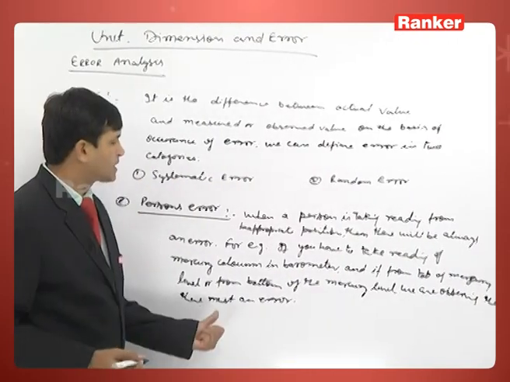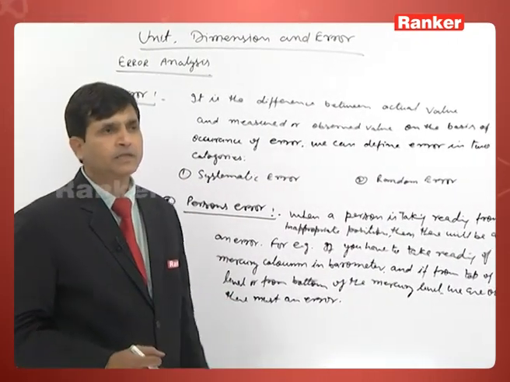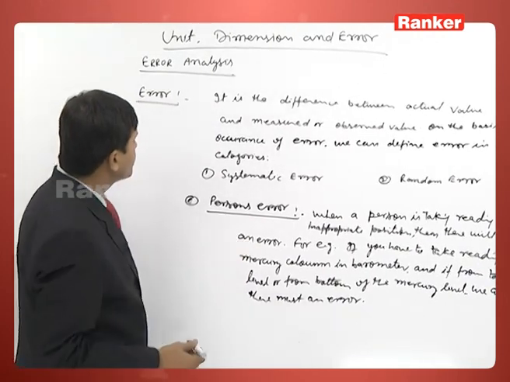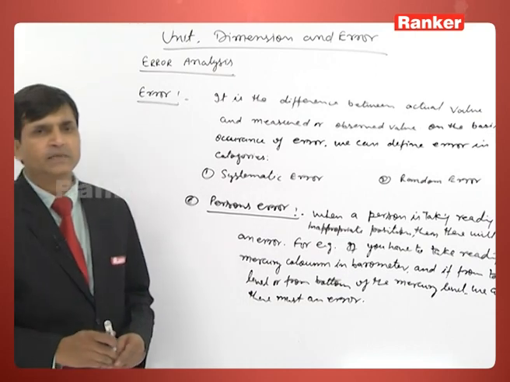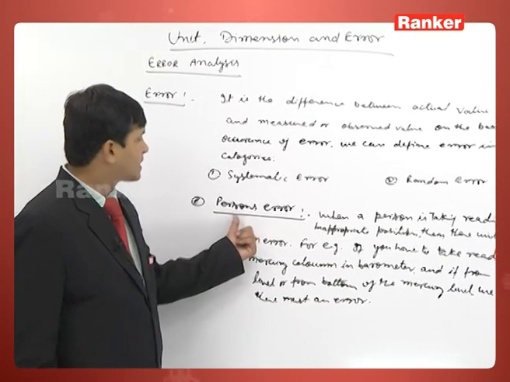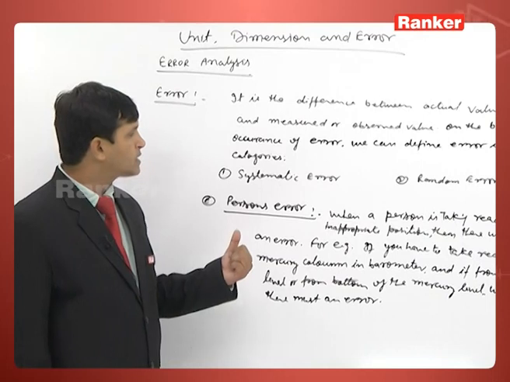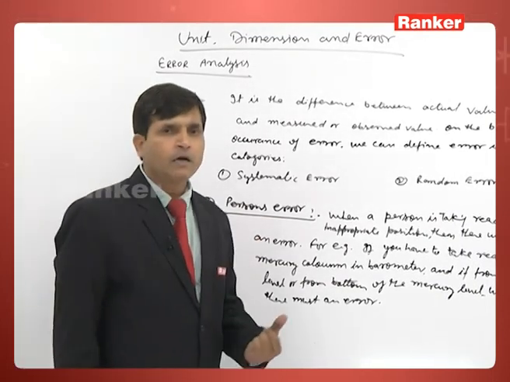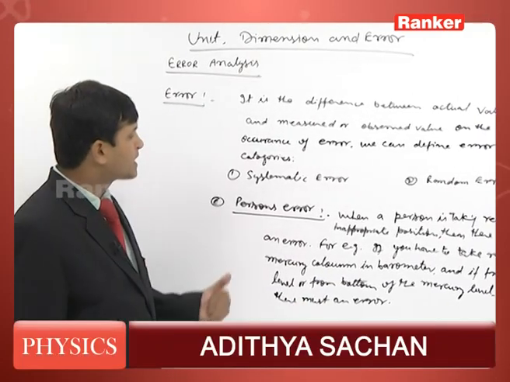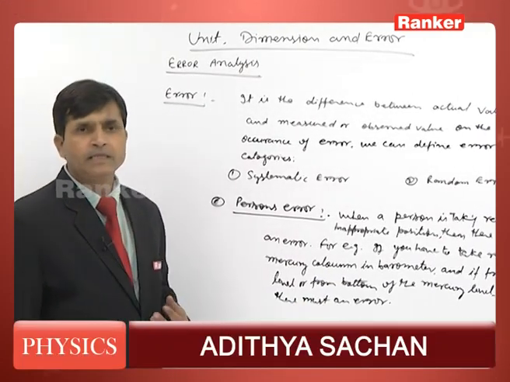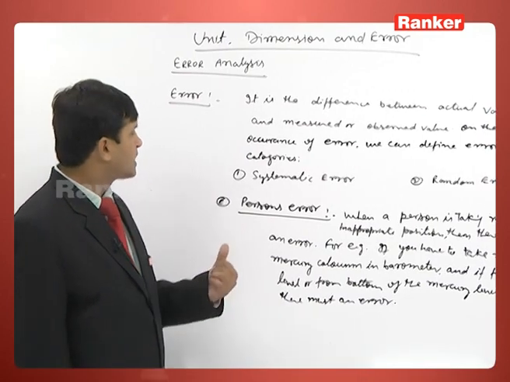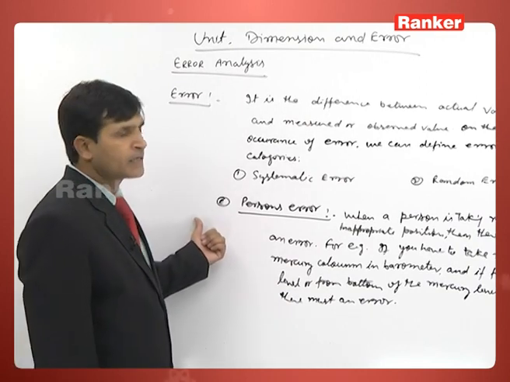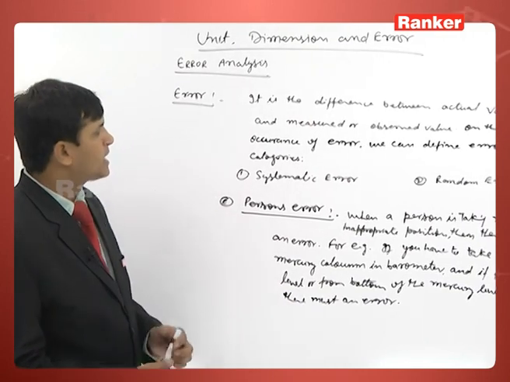That type of error we can say is the error made by the person or observer. So, these are the main points which give us systematic error. One is the error made by the person, another is the wrong method or imperfection in the experimental procedure, and third is instrumental error. When the error is in the instrument itself, that type of error is called systematic error.